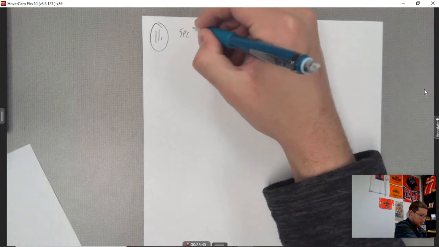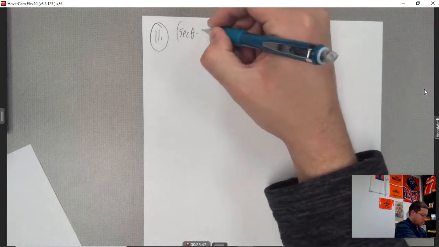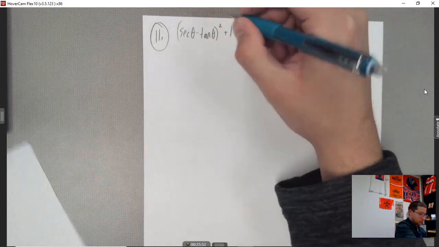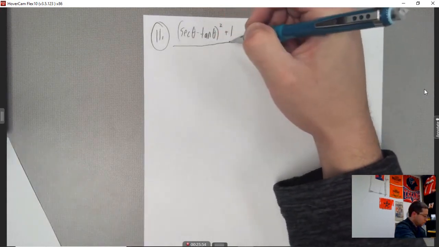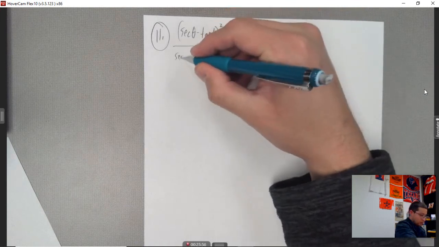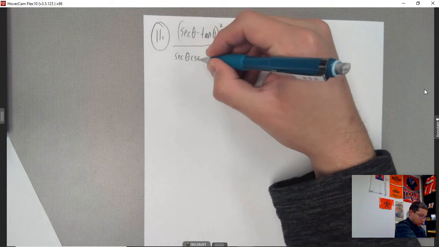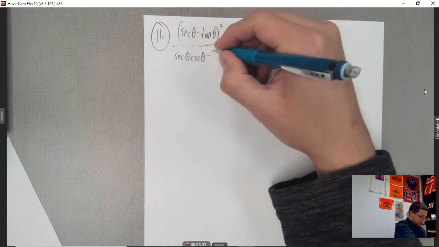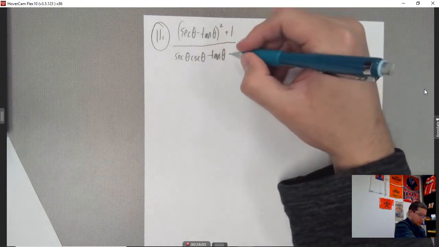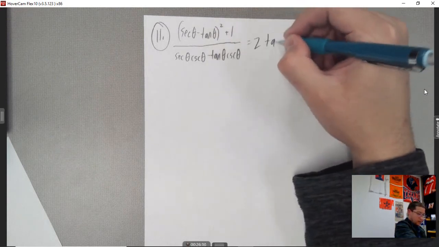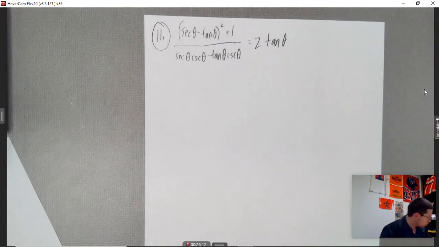All right, secant of theta minus tangent of theta squared plus 1, all over secant of theta cosecant of theta minus tangent of theta cosecant of theta. We get all of that is 2 tangent theta. Okay.